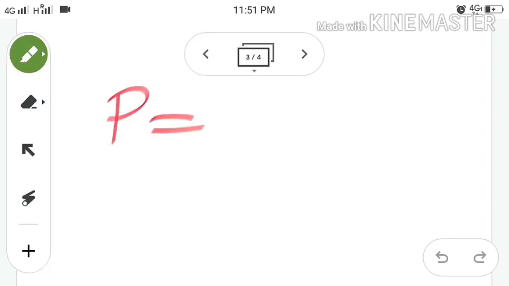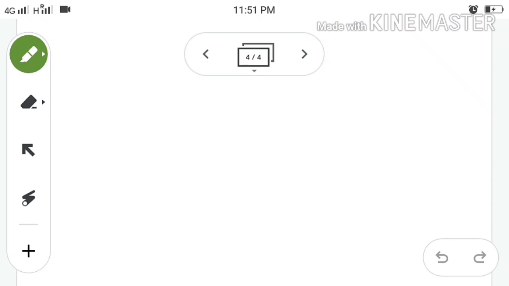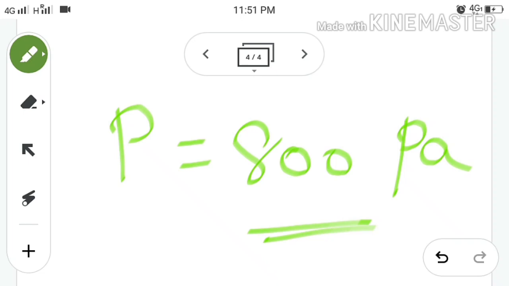Okay, so I write here 8 by 10 power minus 2. This can be written alternately as 8 into 10 power 2. So what is the final answer, children? Now pressure is equal to 8 into 10 power 2 will become 800 Pascal. I hope you all have understood how to solve these kind of sums in order to find pressure.